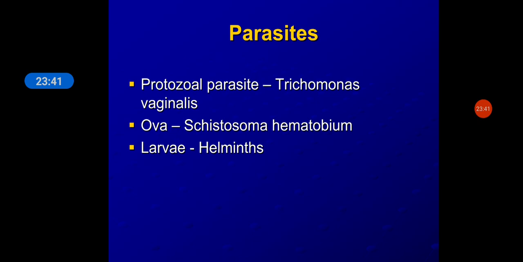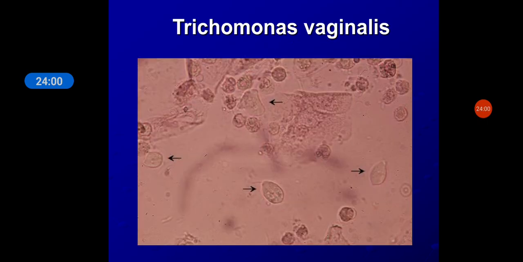Then next you have parasites. You have protozoal parasites, you can even get the ova, and you can get the larval forms. Usually what we see is Trichomonas vaginalis, and in case of ova you can even find Schistosoma. Larval forms can be seen in case of helminths.